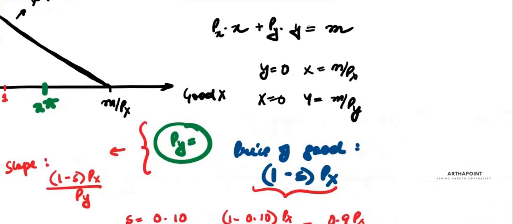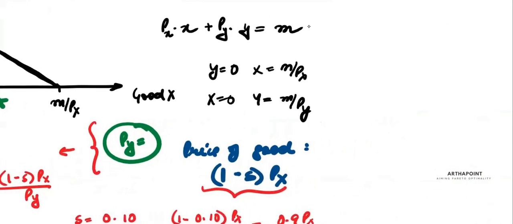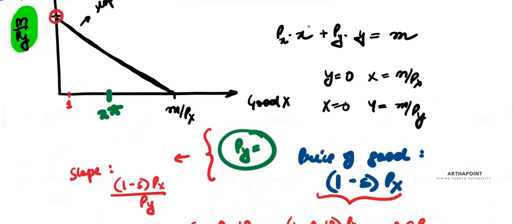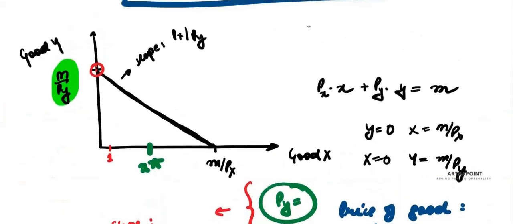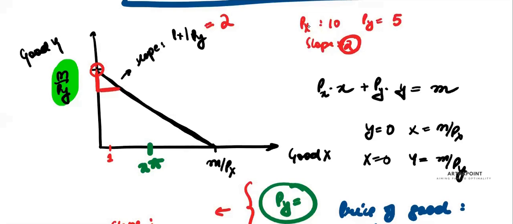Now, if you take some values and check this, please see here. If you find the slope in this case, let's say that the price of good X is 10, the price of good Y is 5. So the slope here is 2, right? So perpendicular by base is 2. For every perpendicular of 2, the base is 1.